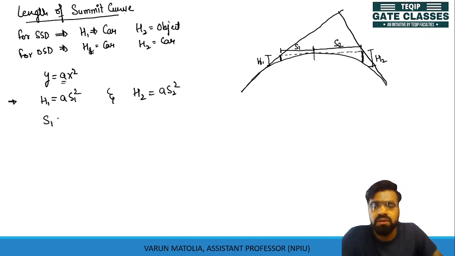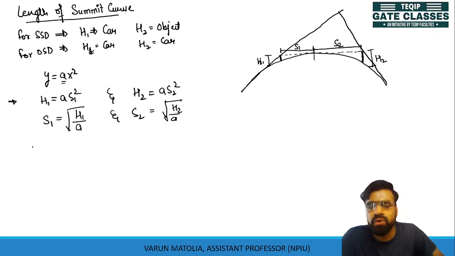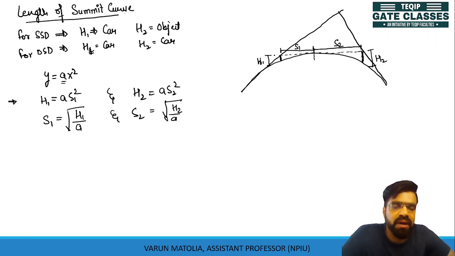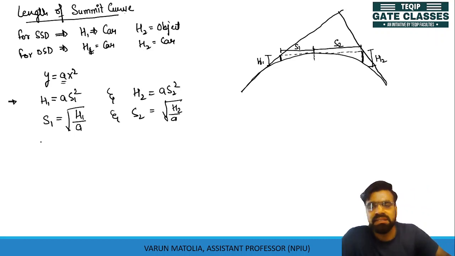For s1 we can write it as root of h1 by a, and for s2 the same, root of h2 by a. We know that the total distance required from h1 to h2 is s, which equals s1 plus s2.